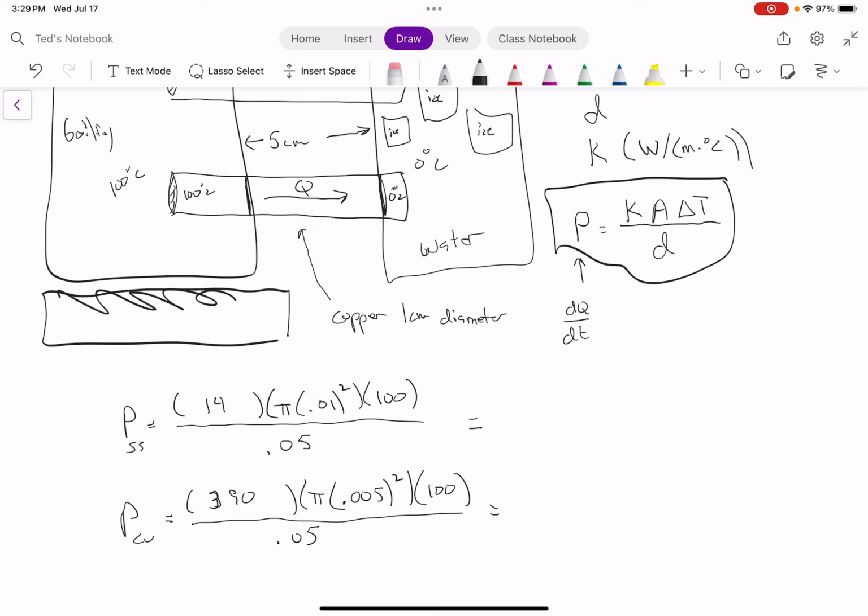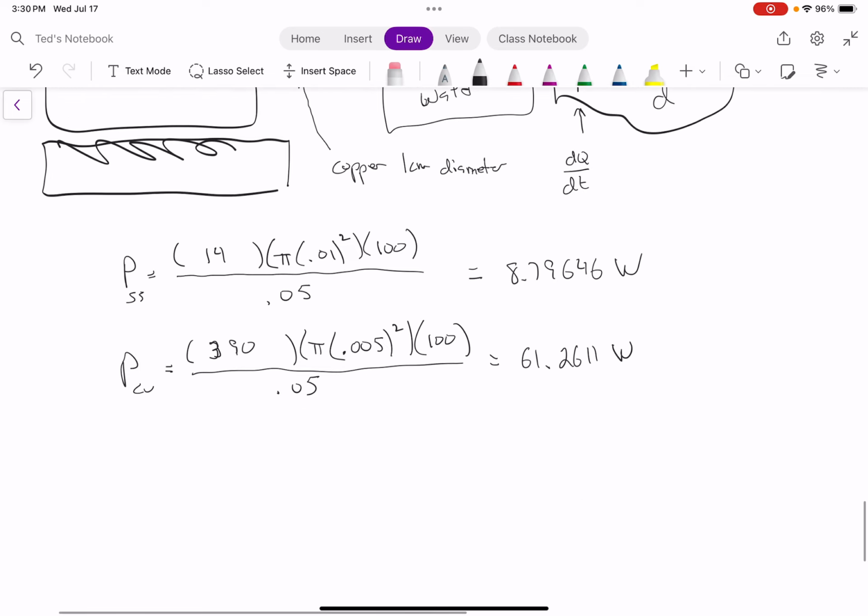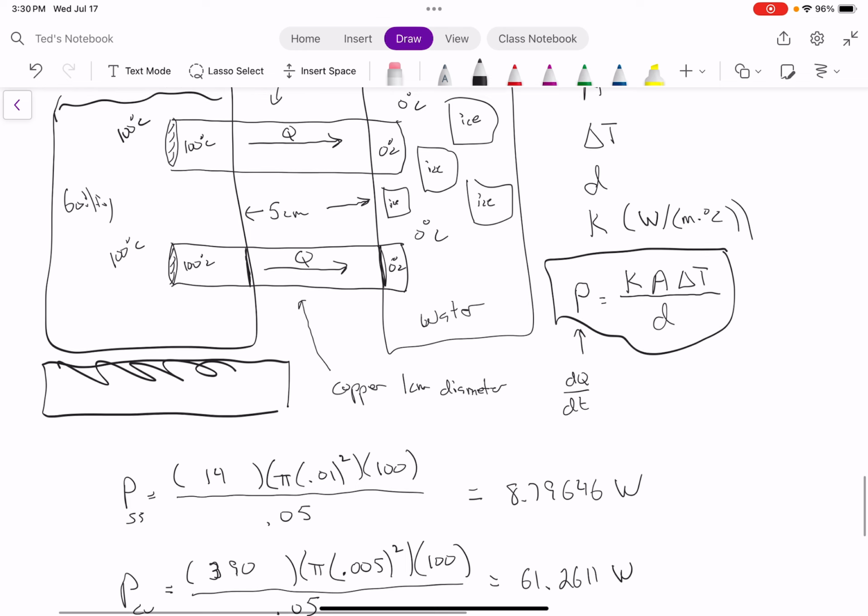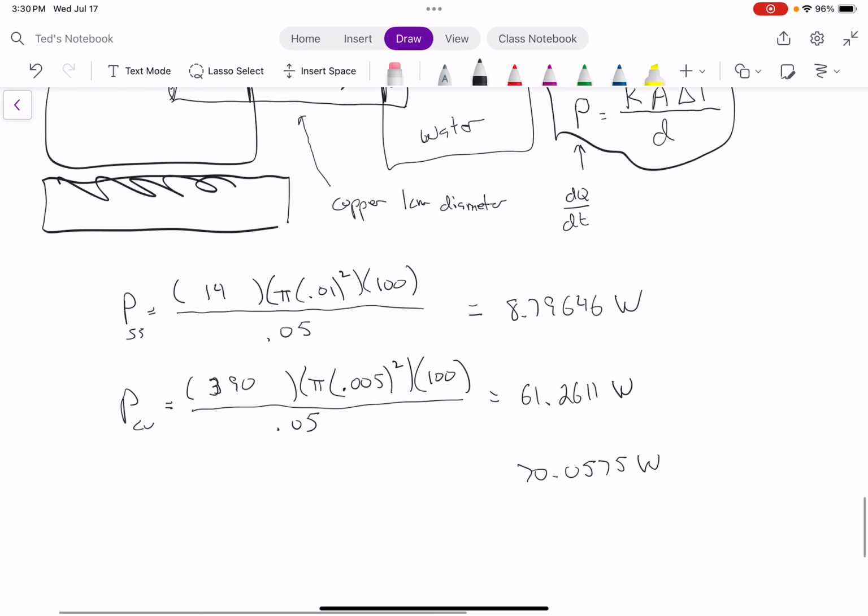You go ahead and check my calculator work, but when I plugged this in, I got 8.79646 watts for the stainless steel and 61.2611 watts for the copper, and that is a total of 70.0575 watts total heat transferred between the two pipes. So that's 70 joules every second.